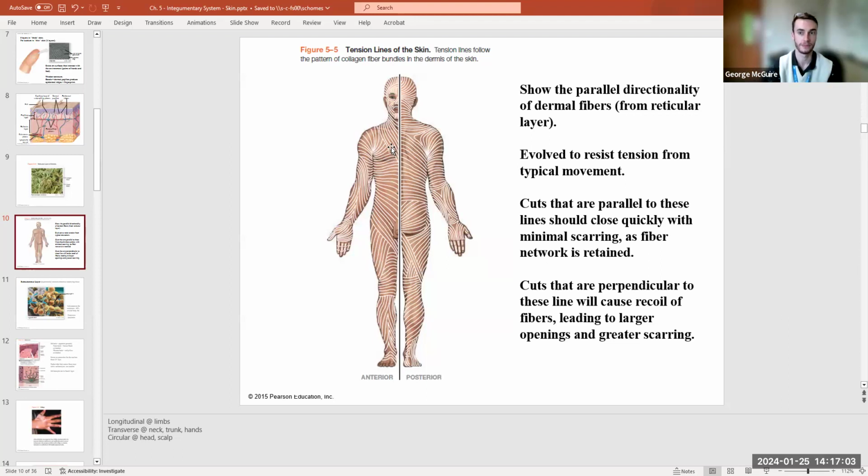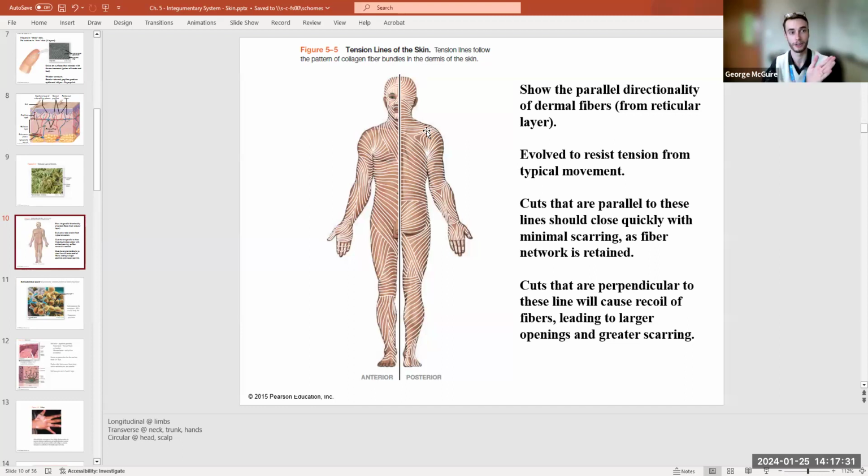Any cut or damage that follows the same line, parallel to these bundles of collagen fibers, should heal quite quickly and should have minimal scarring, because those collagen fibers are still intact. So the dermis is still intact, and the repair process, getting all of the nutrients and building new cells, is going to happen much more quickly for a cut that is following that path.